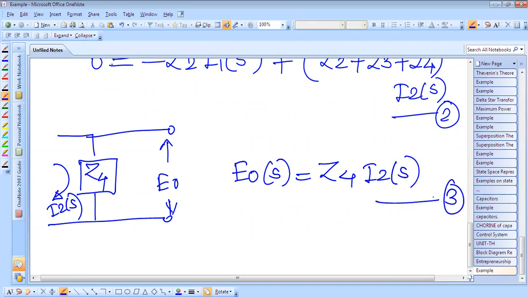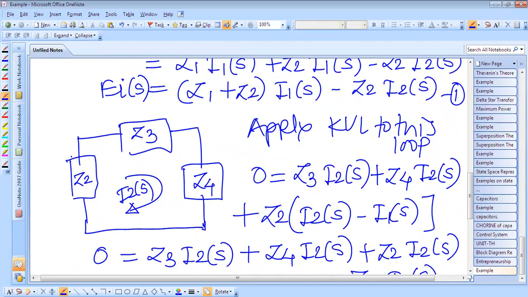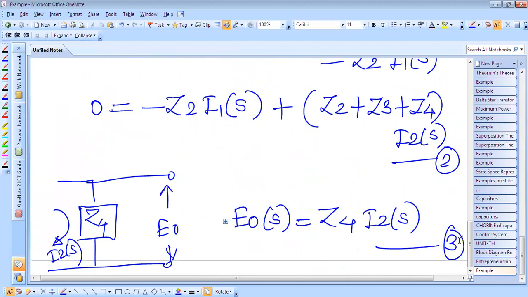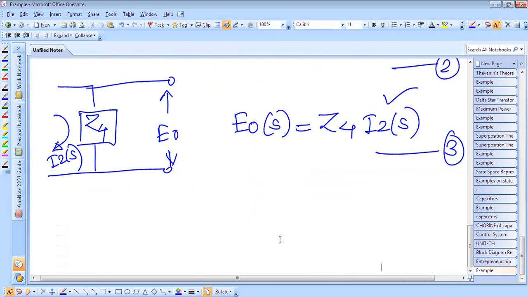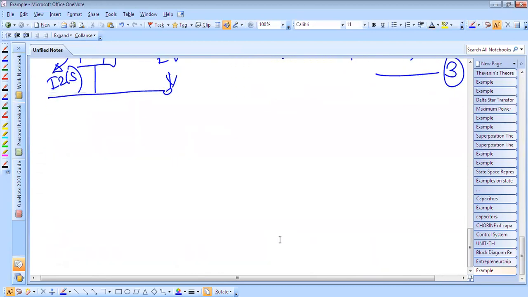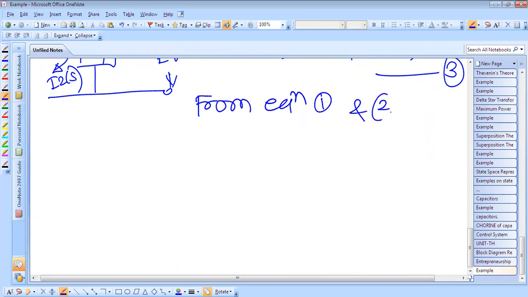Okay. So from equation 1 and 2, we can find the value of I2 of S, and we can substitute that value in this equation. So first we'll find the value of I2 of S from equation number 1 and 2.